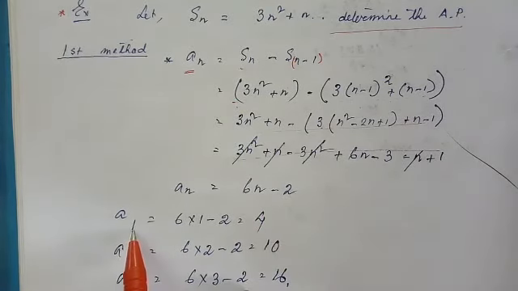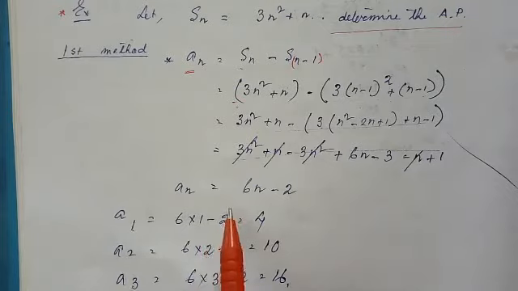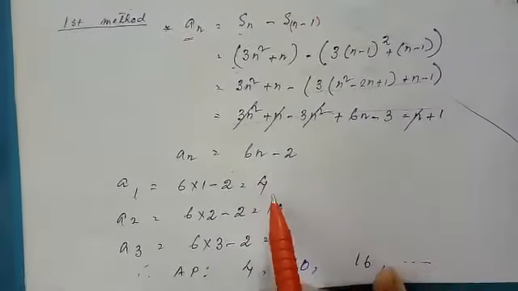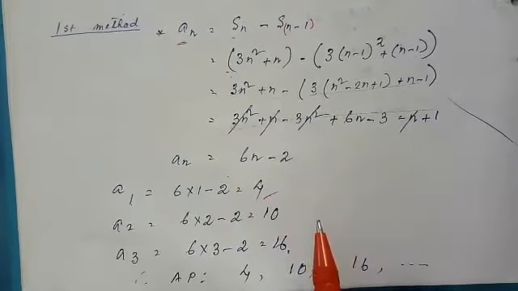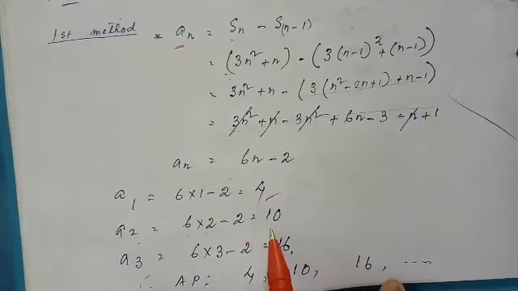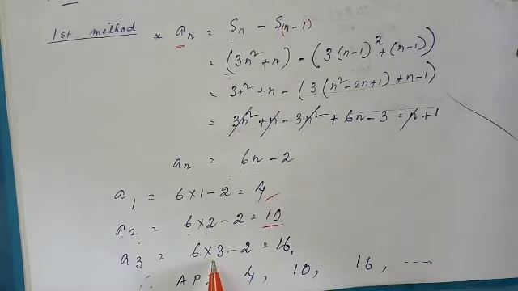Therefore, A1 first term, 6 into 1 minus 2, that is 4. Second term, 6 into 2 minus 2, that is 10. Third term, 6 into 3 minus 2, that is 16, and so on.